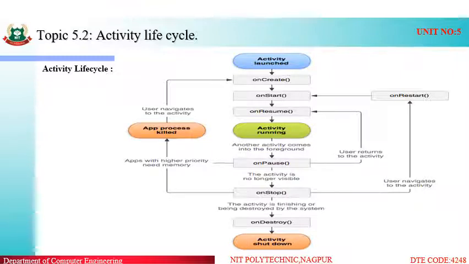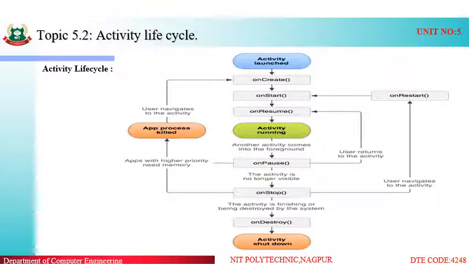This is the pictorial representation of the activity life cycle methods. Whenever the activity, the single screen in an Android application, is launched, the first method is the onCreate method.